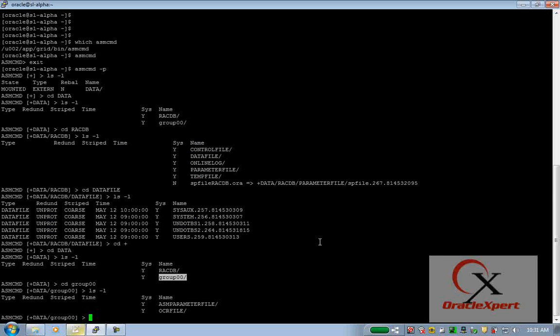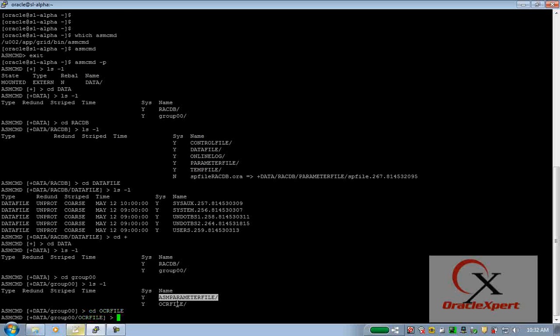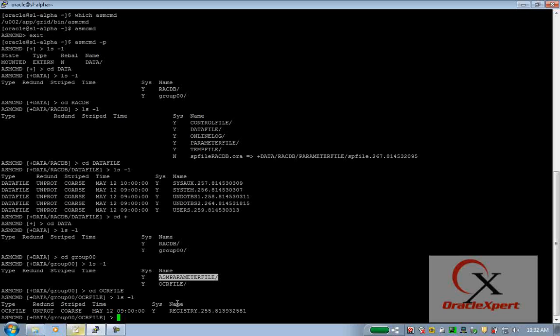So you can only see the ASM parameter file and OCR file. The physical implementation of a voting disk is done, but the logical representation is not made accessible using ASMCMD. The physical and the logical implementation for the ASM parameter file and OCR file are both available. So if I go to the OCR file and I say ls -l, this is nothing but my Oracle Cluster Registry with the name registry.somenumber.somenumber.